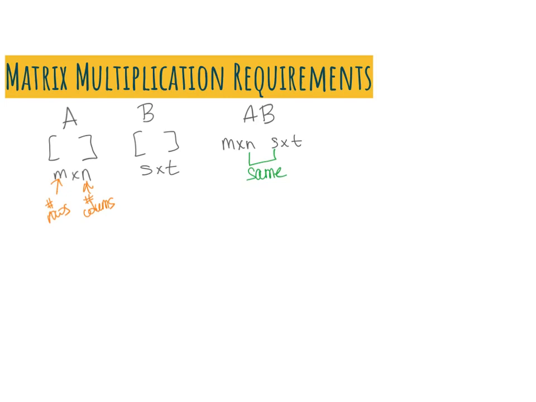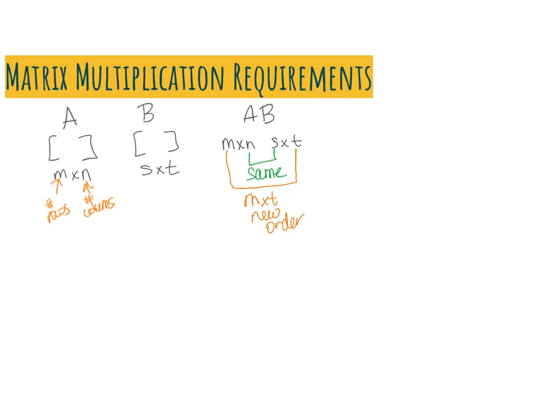And when we actually get in and do an example with some numbers, it starts to make more sense why that is true. And then if those are the same, these outers, m times t, that will become the new order of your matrix after you multiply those together, right?